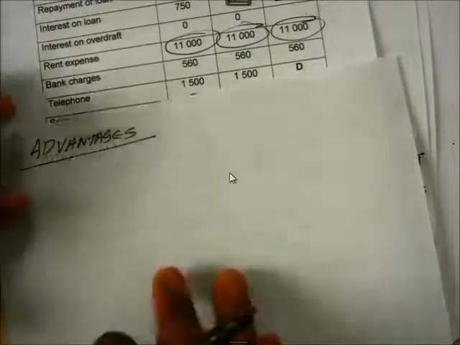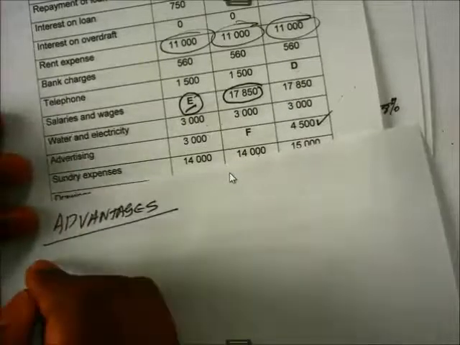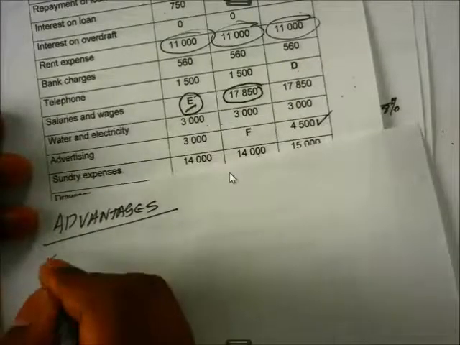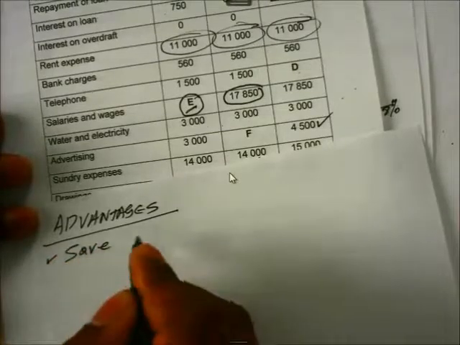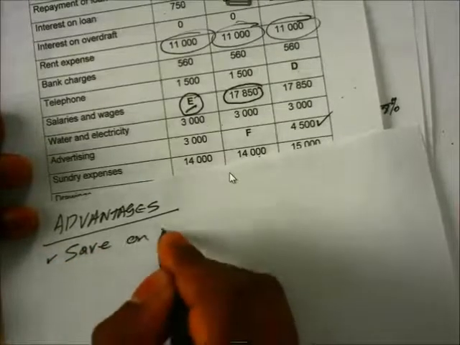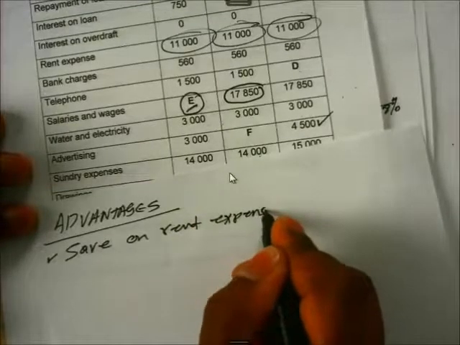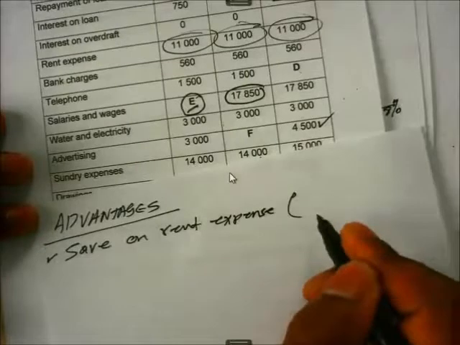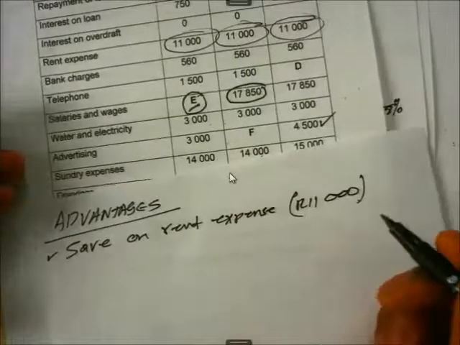Now, the advantage of this is that if he buys, he will save on rent expense, which means he will save the 11,000 every month.